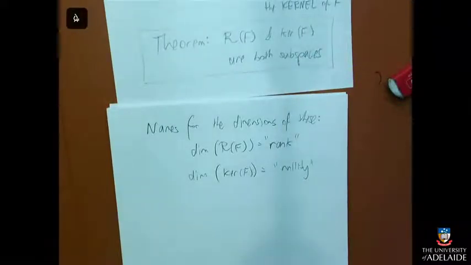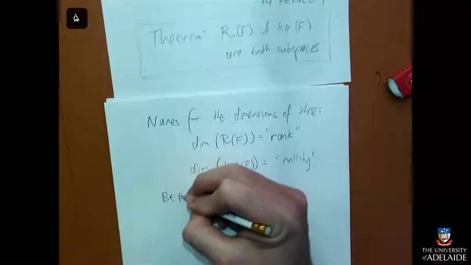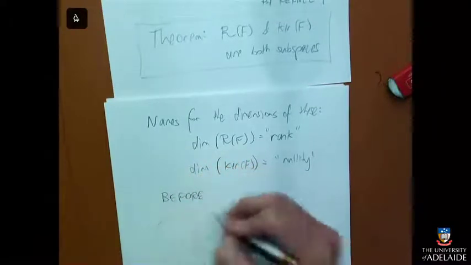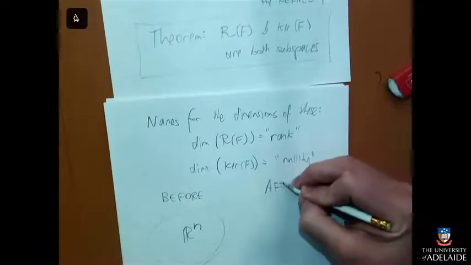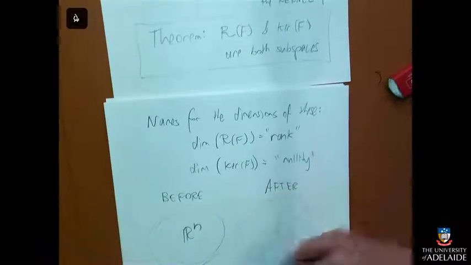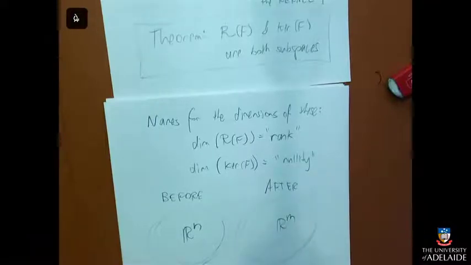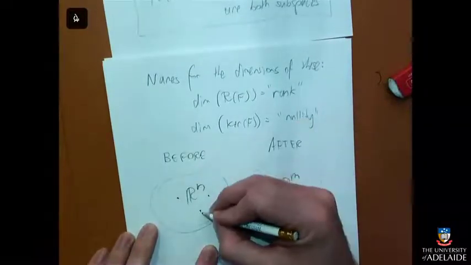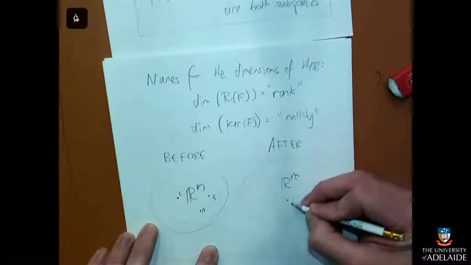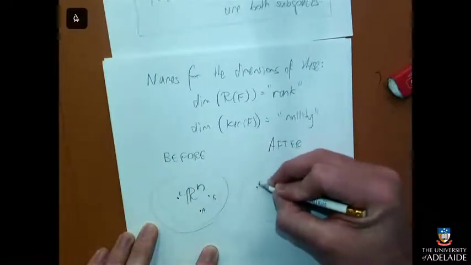Well, this is interesting. Let's just think about what's happening here. You've got a before, which is Rn, and there's an after, which is Rm or whatever it is, and points here produce points here, for example.